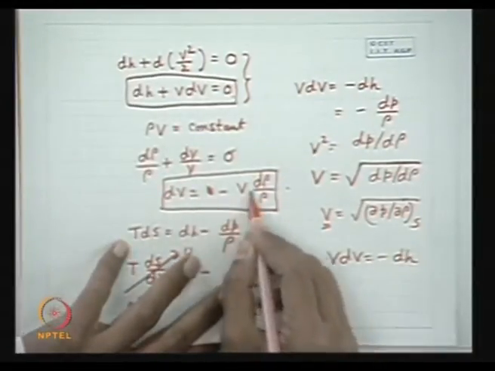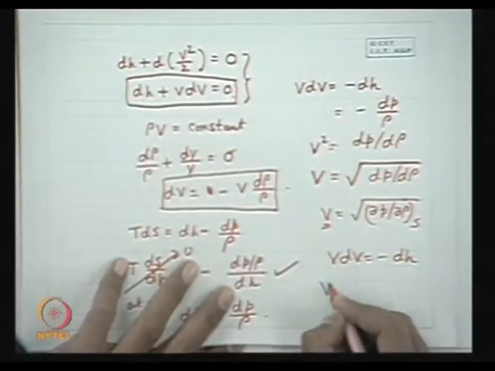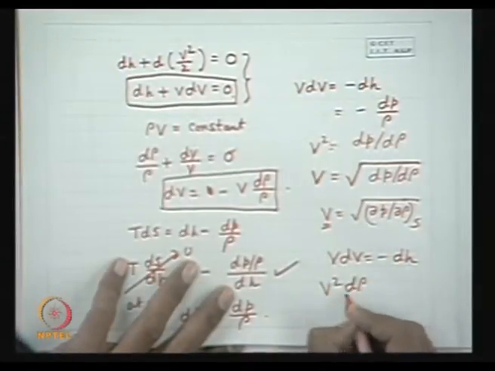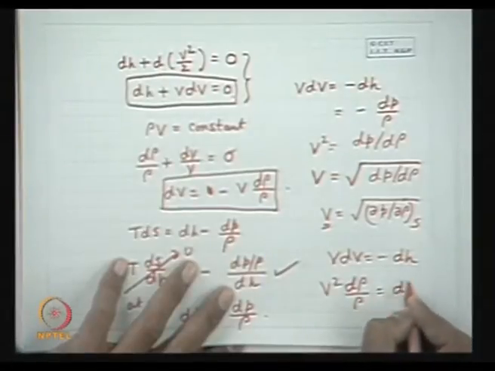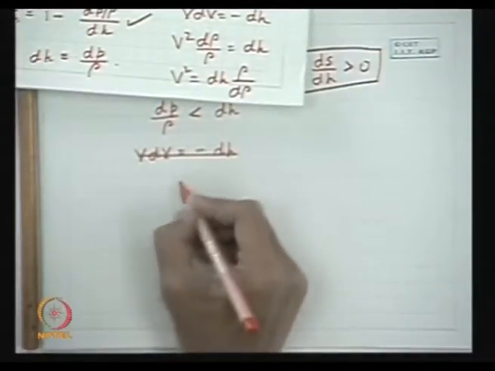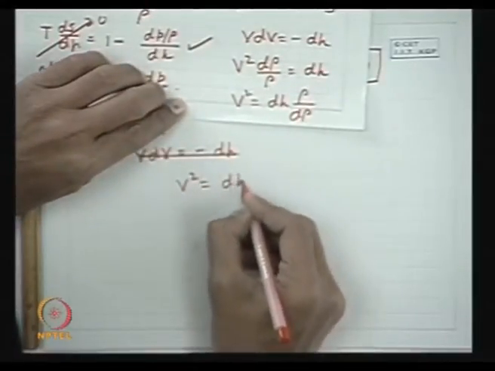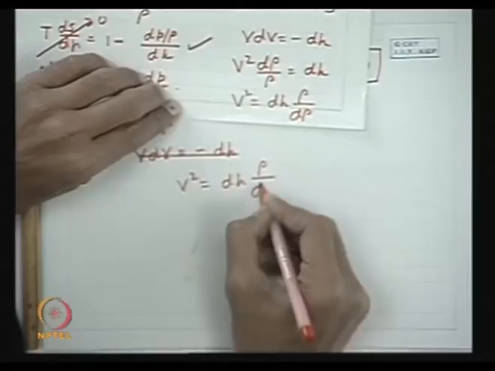So dV is minus V d rho by rho, so the minus cancels, and V square d rho by rho is equal to dH. All right. So V square, this is the general expression, is dH rho by d rho. So we write this expression that V square is equal to dH rho by d rho.